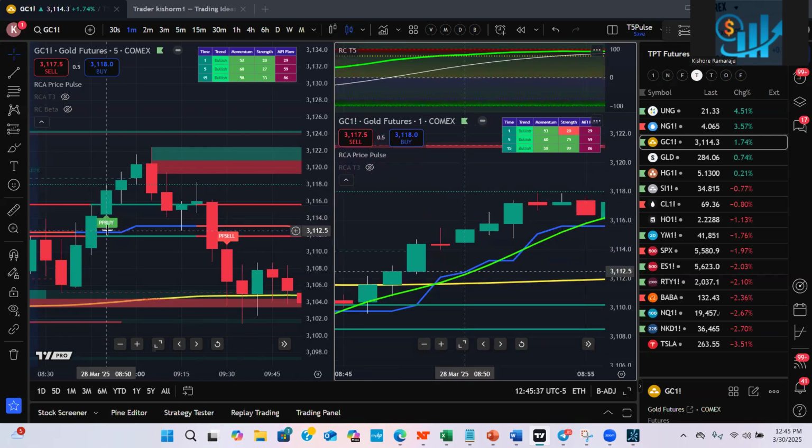But this candle is so far away from your T5 line and also from your price pulse line. Your price pulse is somewhere here. It went all the way to the top. So after that, check when you got your next.